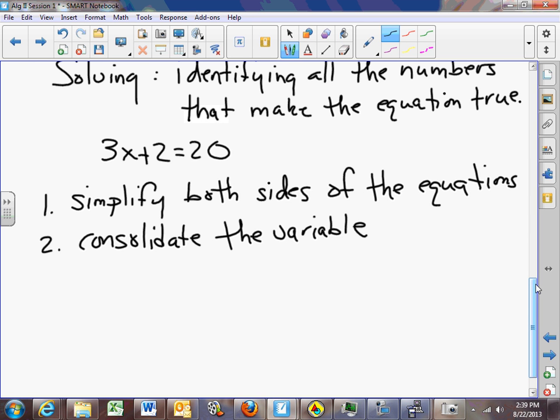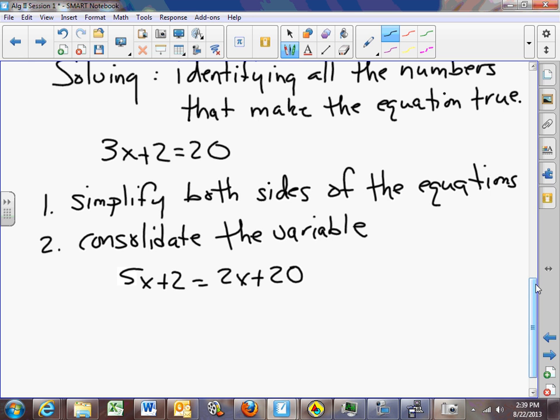Here's an example. If you had 5x plus 2 equals 2x plus 20. Notice both sides of this equation are simplified, but we have the variable x on the left-hand side, and we have it on the right-hand side.